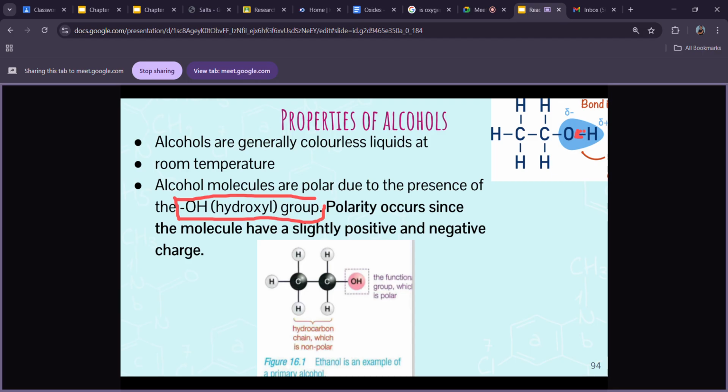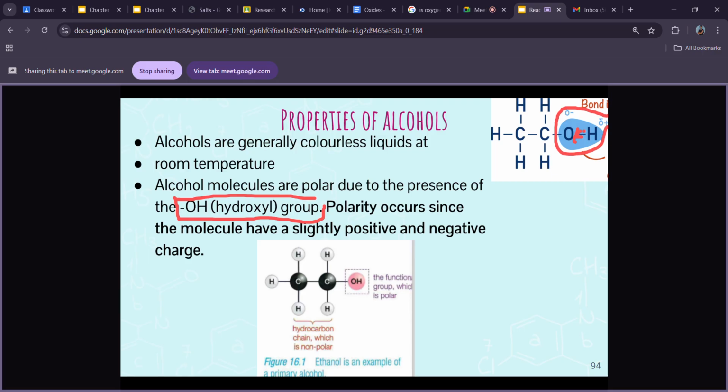So we develop poles, because the electrons are moving closer towards one atom. That's how the oxygen gets partially negative. It's not an ion, it's a partially negative atom, and the hydrogen is a partially positive atom.